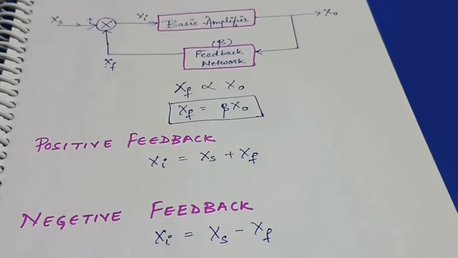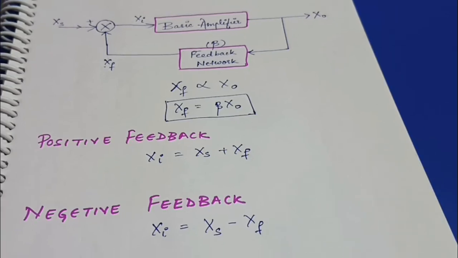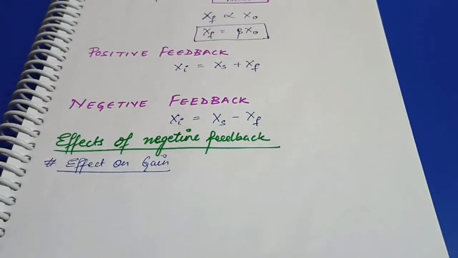Second thing is to reduce distortion. Third thing is to obtain desired values of input and output resistances, and the last one is to increase the bandwidth of the signal. So guys, let's discuss the effects of negative feedback. The first effect is the effect on the gain of the amplifier.